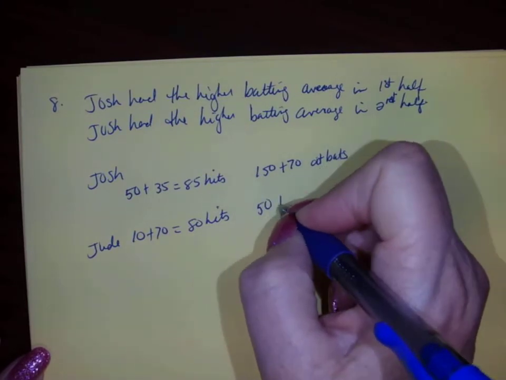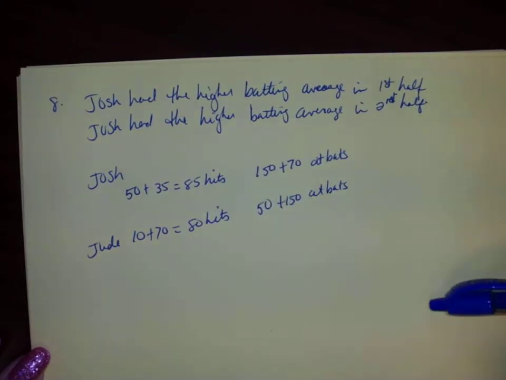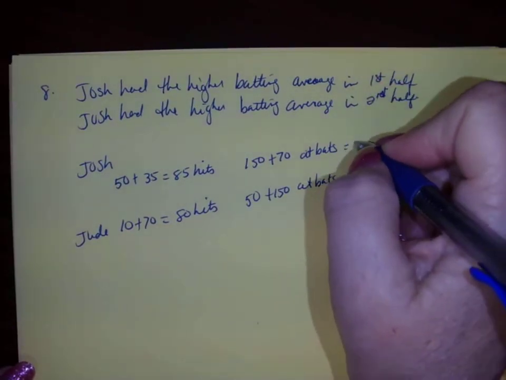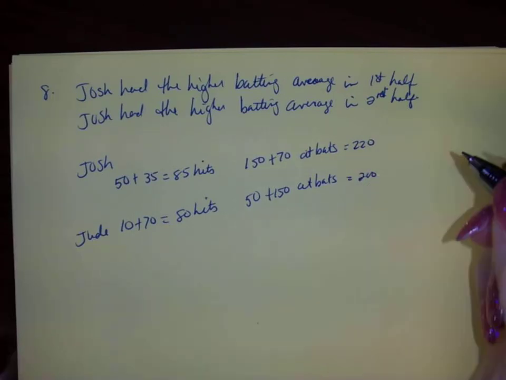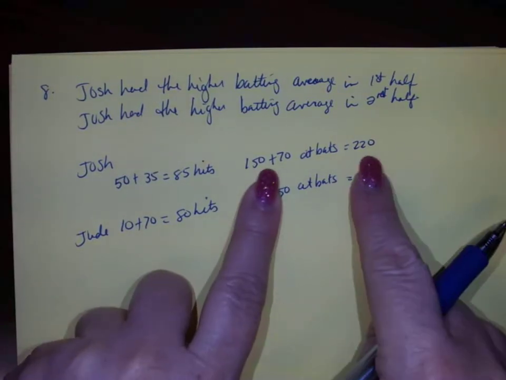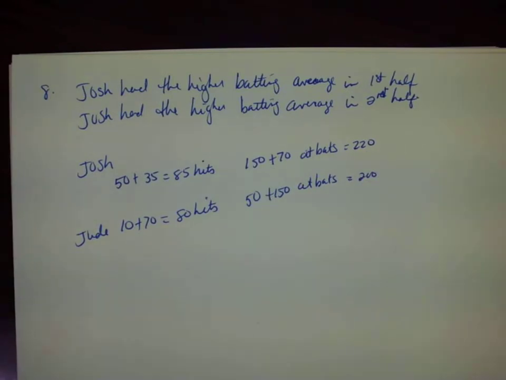So Jude had 50 plus 150 at bats in the two seasons. Now, we want to find their overall average. Oh, and I didn't do the equals, did I? All right, so this one equals 220, and this one equals 200. So sorry, those should have been in there before I put the at-bats. 150 plus 70 is 220 for our total, and 50 plus 150 is 200.